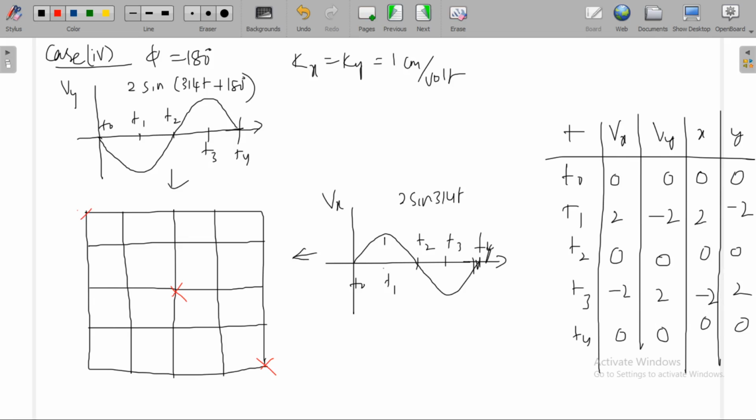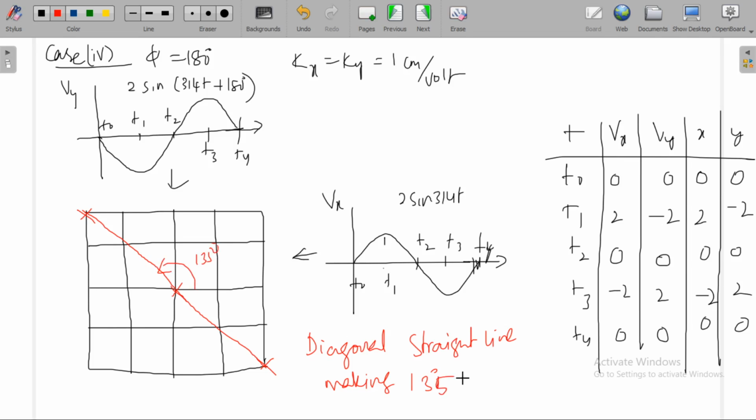Then you're going to get a diagonal straight line, making 135 degrees with respect to x-axis, and in second and fourth quadrants.